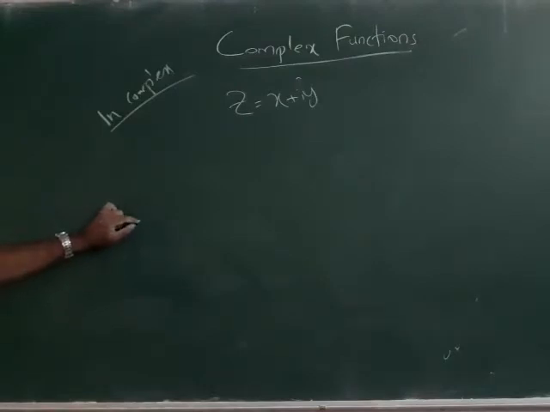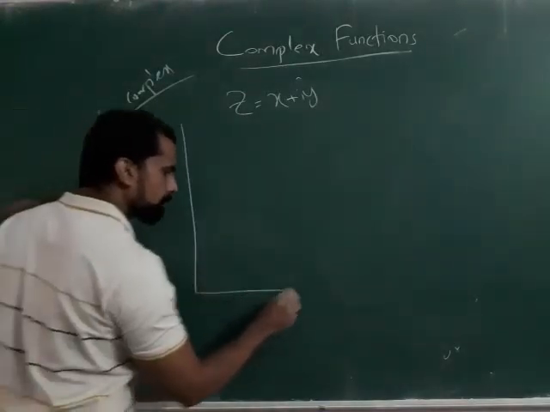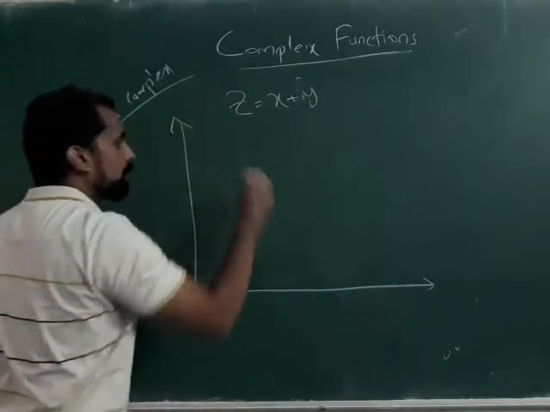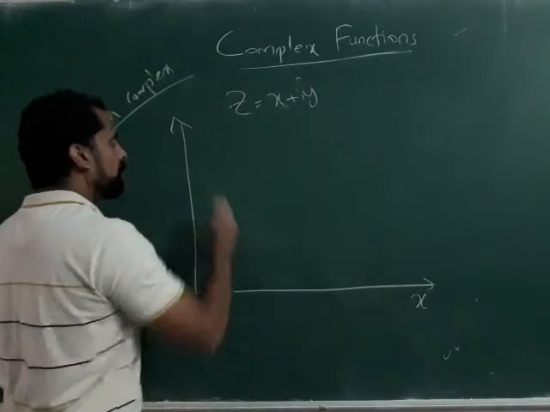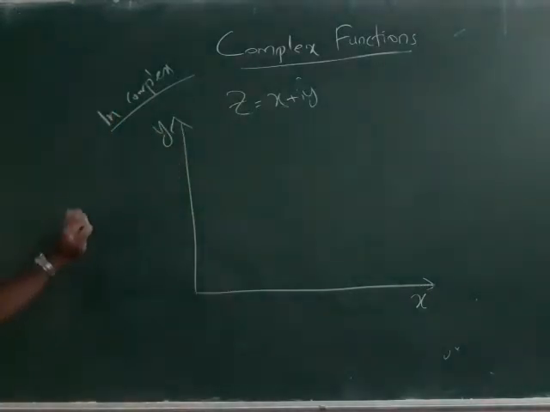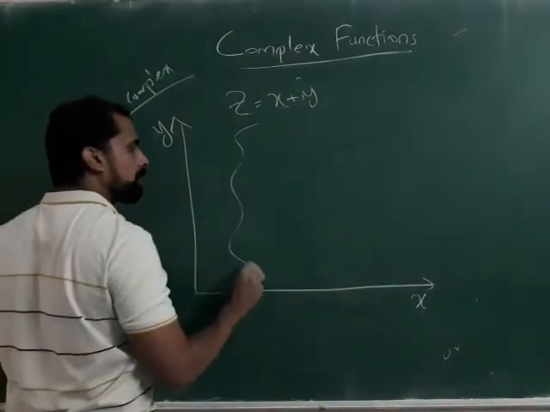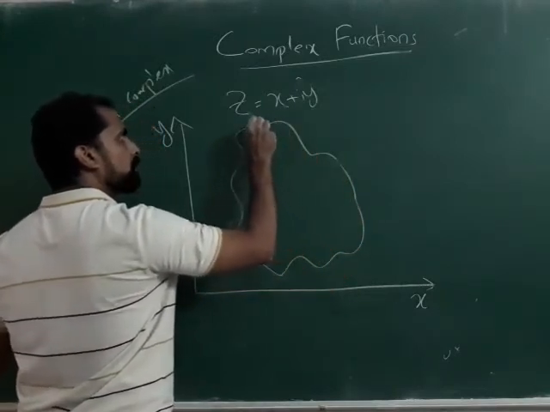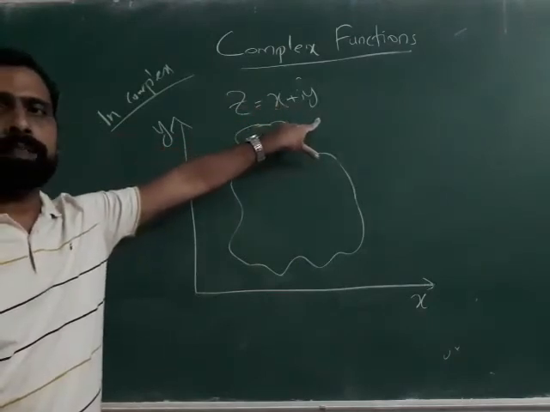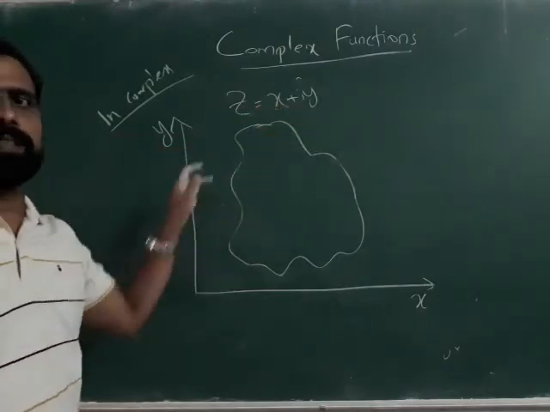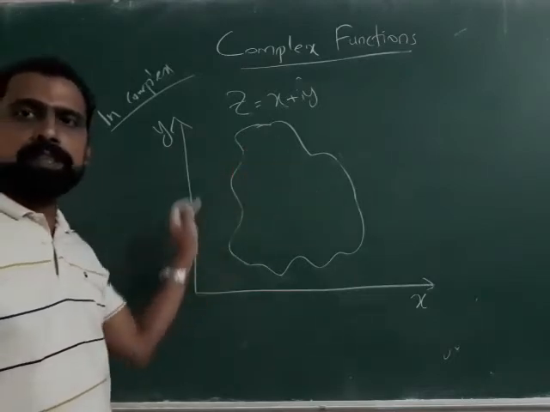You can represent this in a complex plane. This is your real axis, simply x, because this is the real part, and this is the imaginary part. You can take different values of your z depending upon the x and y value. This is the domain for your z values.